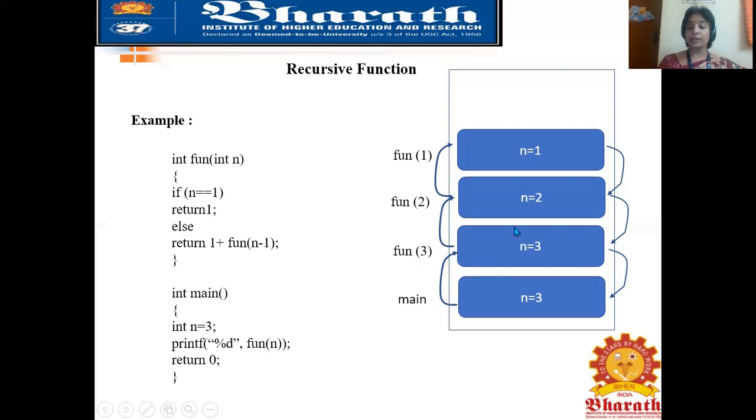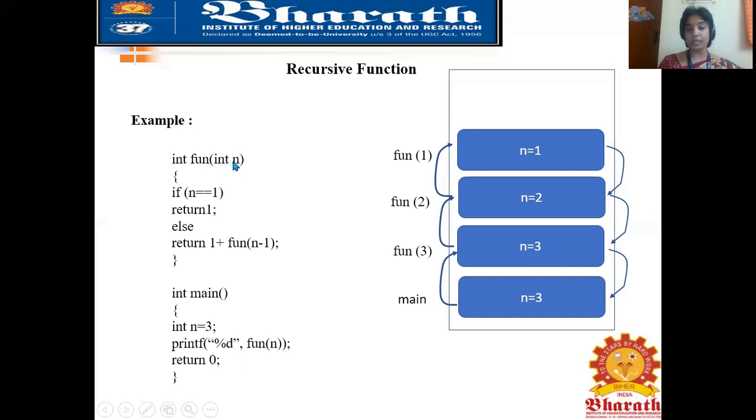This activation record has the parameter n is equal to 3, which is passed as an argument to this function. When the compiler sees this function call, it goes to the function definition, where we pass this n is equal to 3.